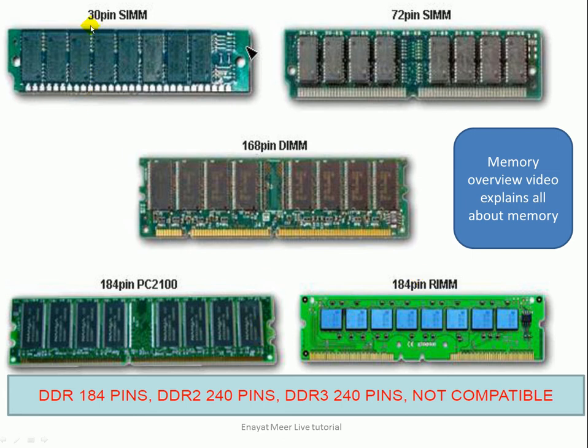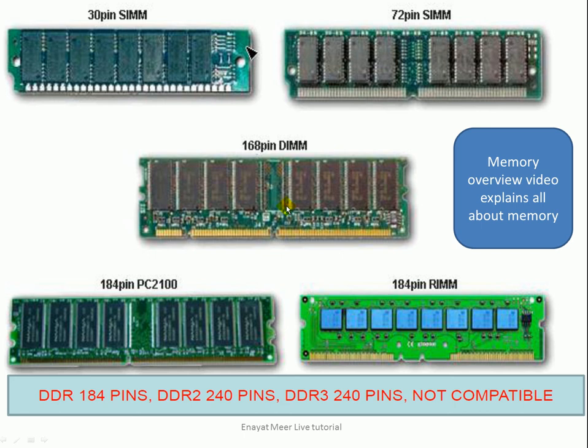I didn't put the SIPS, the old one, but I put the 30-pin SIM, the old chip, and the replacement, or the newer one, was a 72-pin SIMM here, which I put here. Then I showed you several slots with 2 notches, DIMM, dual inline memory module.